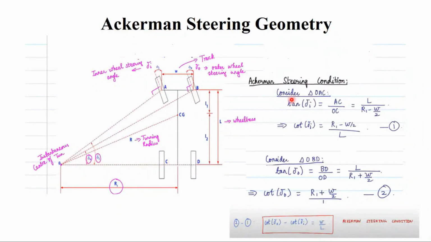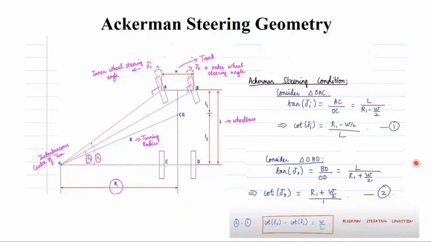Here theta is del I. Similarly, when you take the triangle OBD, theta is del O, and tan theta is BD by OD. So in triangle OBD it is written as BD by OD, and in triangle OAC, tan del I is AC by OC.